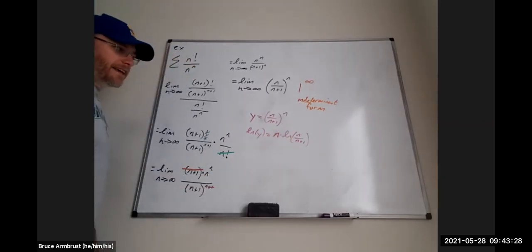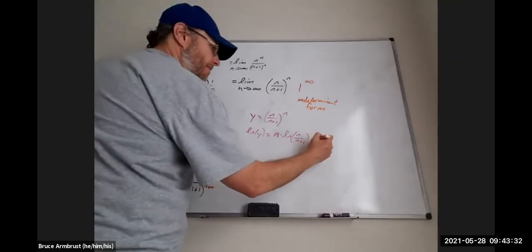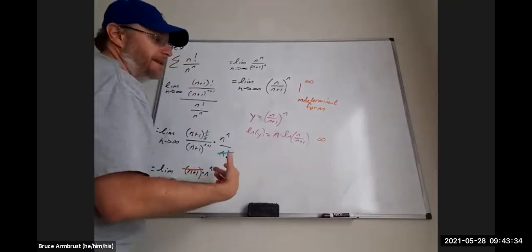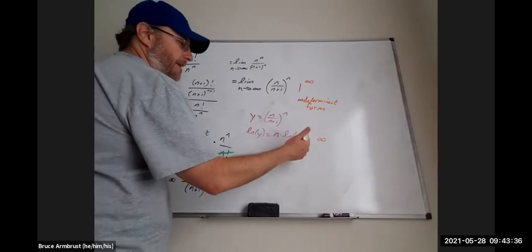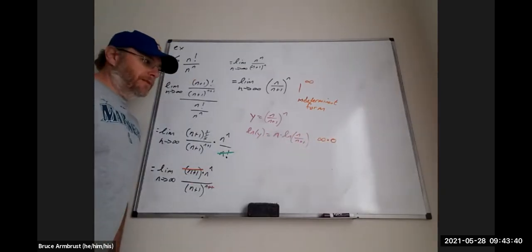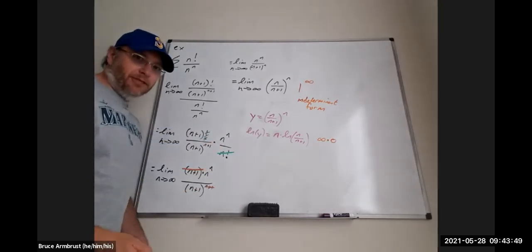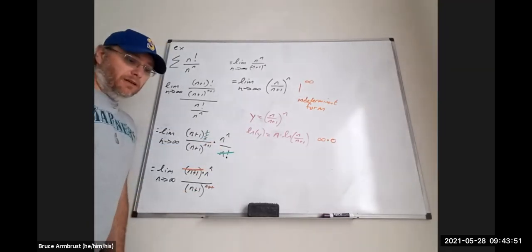And what that does now is turn this into the form infinity times 0. Remember, we're letting n go to infinity. Because the natural log of 1 equals 0. That's still an indeterminate form, but it's much closer to what we need for L'Hopital's rule.